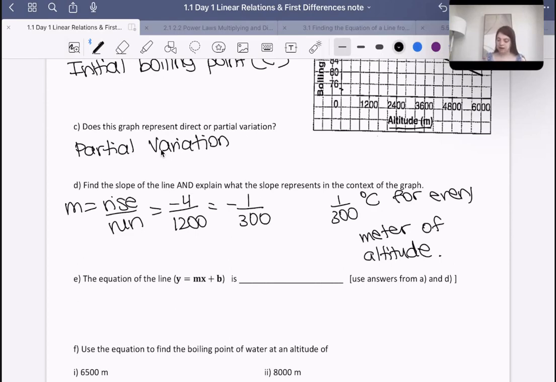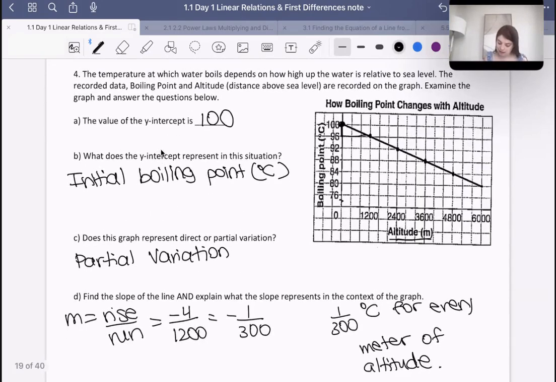But if we think about it, that makes good sense because here we're only going down 4, and over here the scale is all the way to 1,200. That's a really, really big number. So clearly it's going to be a very small fraction of a degree Celsius for every 1 meter, because to even go down 4, which doesn't seem like a big number, we're changing the altitude by 1,200.